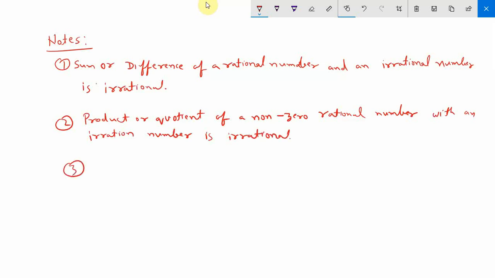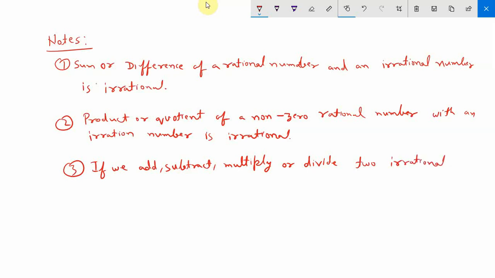Third one, if we add, subtract, multiply, or divide two irrationals, the result may be rational or irrational.